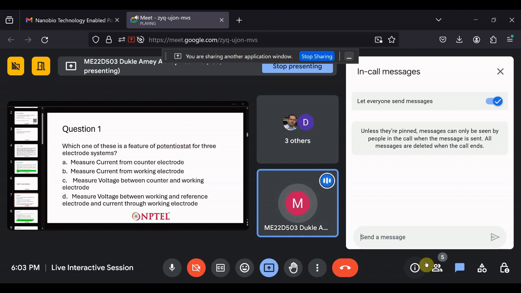So it is a very complex device. I don't want to go in deep into it, but I can give you a basic hint that it is connected to all the 3 electrodes in the 3 electrode system. So from this, what do you think will be the answer?